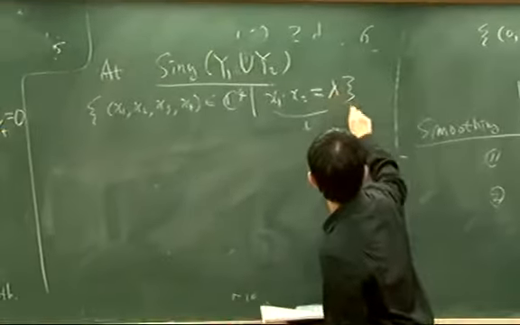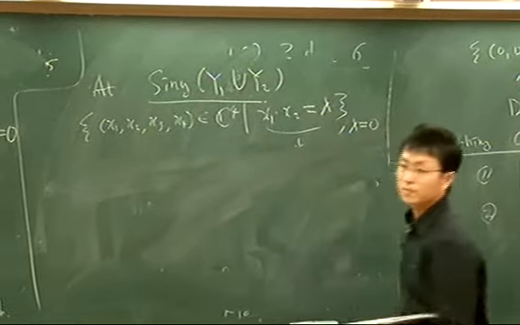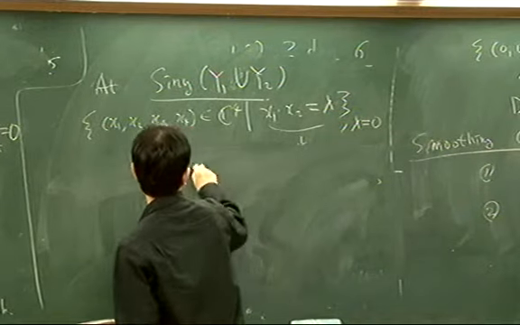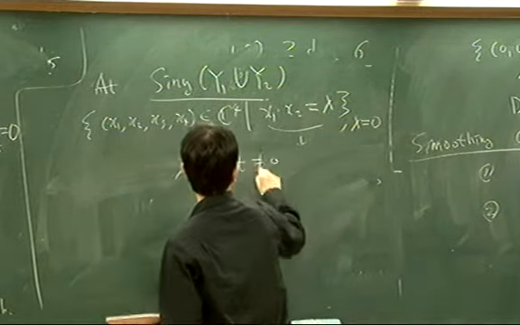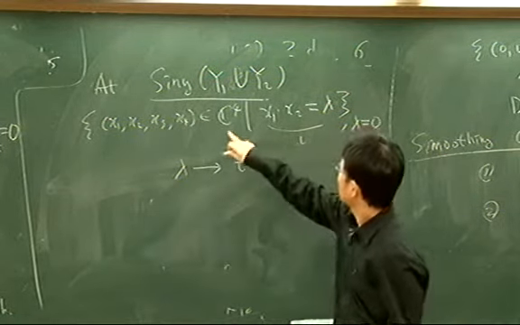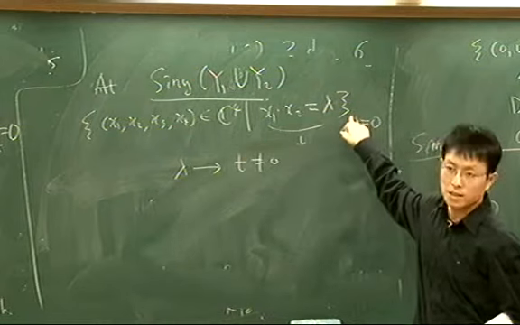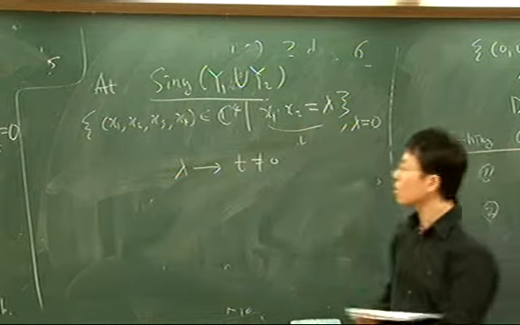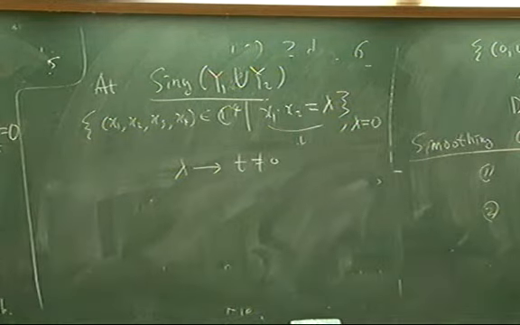This is lambda, and lambda equals 0. If you set lambda to some t which is not 0, then the variety is resolved instantly. There is no singularity there. So this is how the singularity is resolved locally.